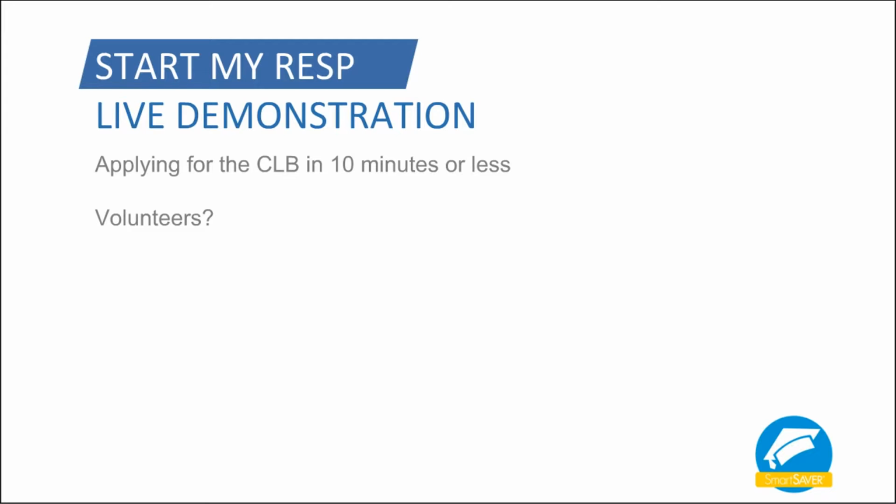I have a question. What do I do if the family doesn't hear from their bank? We at SmartSAVER, through Start My RESP, have helped close to 10,000 families apply to open RESPs and apply for the Canada Learning Bond. We do hear from time to time over our 1-855 number or over the info line, info@smartsaver.org, from people who haven't heard from their chosen financial institution.